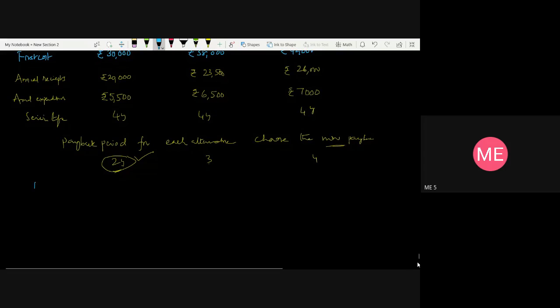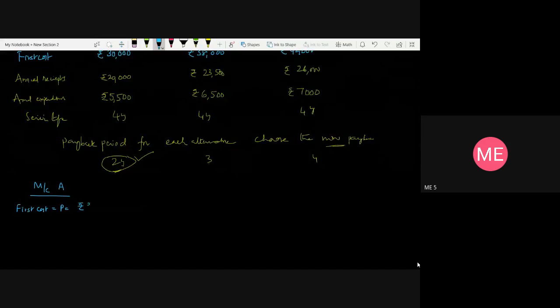So first, machine A. What is given? First cost, which I can take as P, is given as rupees 30,000. This is the data which is mentioned.